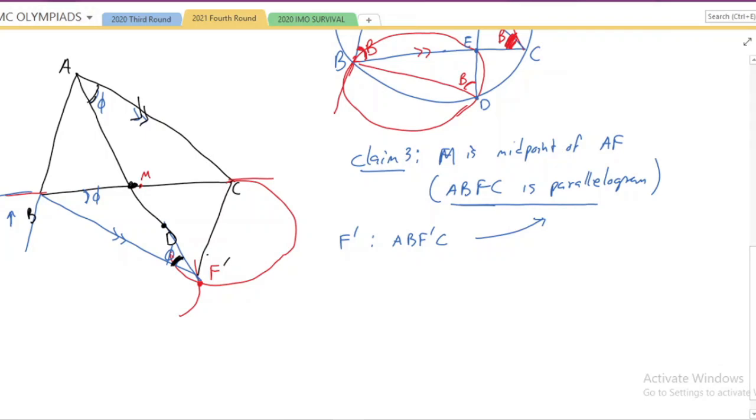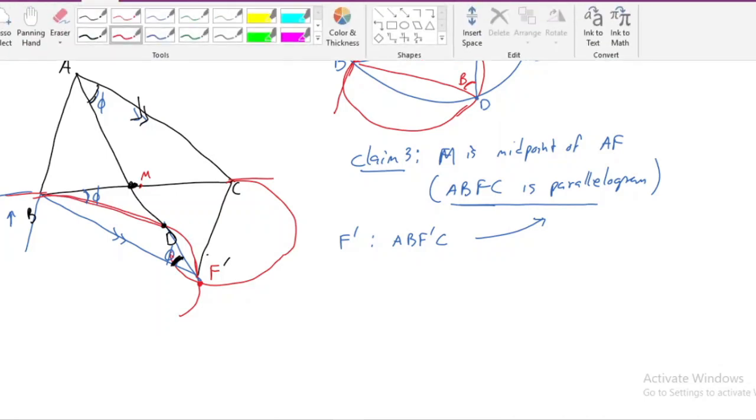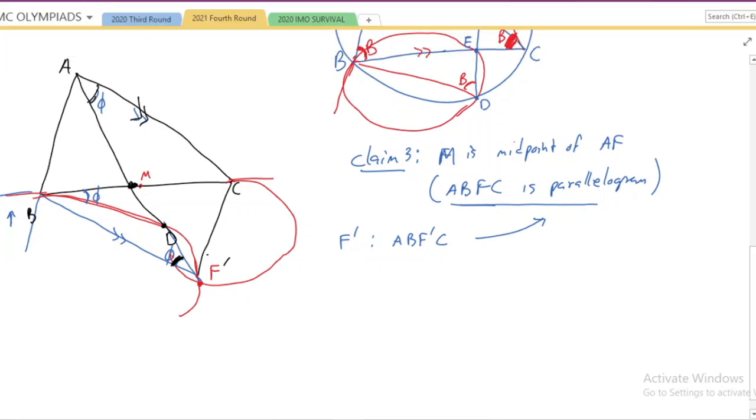Now I'm going to redraw this red circle. So from the red circle, we have by alternate segment theorem that angle MBD will be the same as angle DF prime B. So we have this to be also phi, which is equal to this one here.